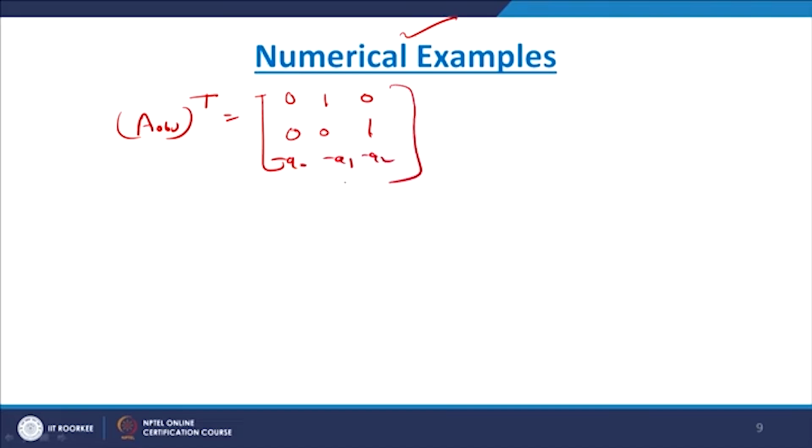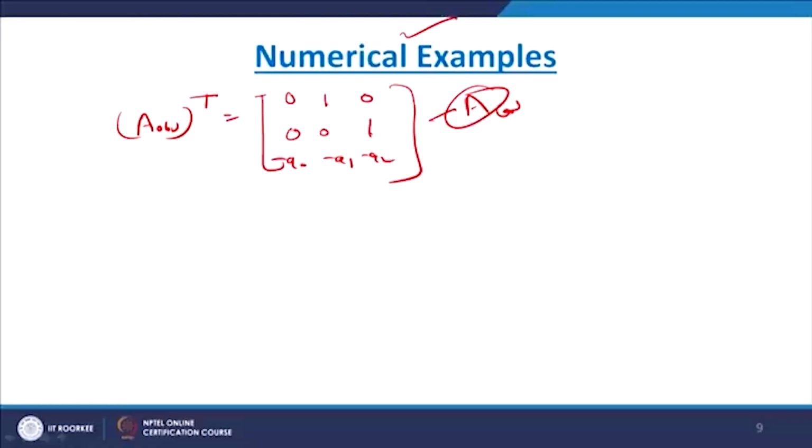So this is nothing but the system matrix of the controllable canonical form, A controllable. That means the relationship we got is: A observable transpose equals A controllable.